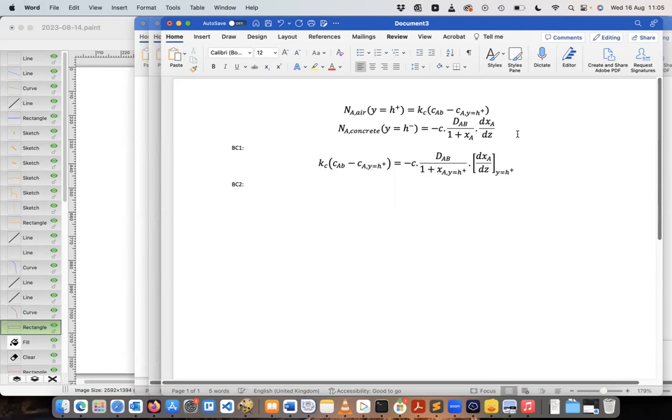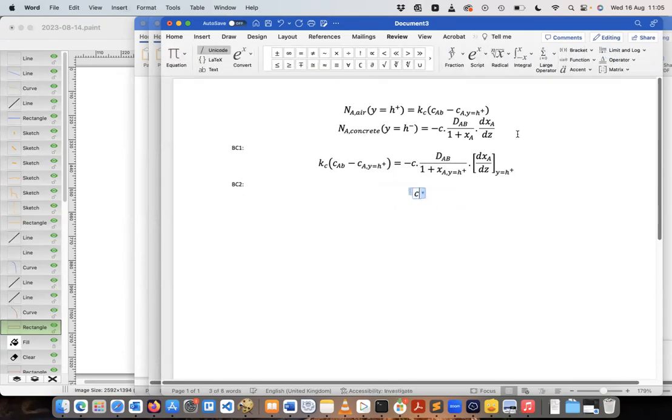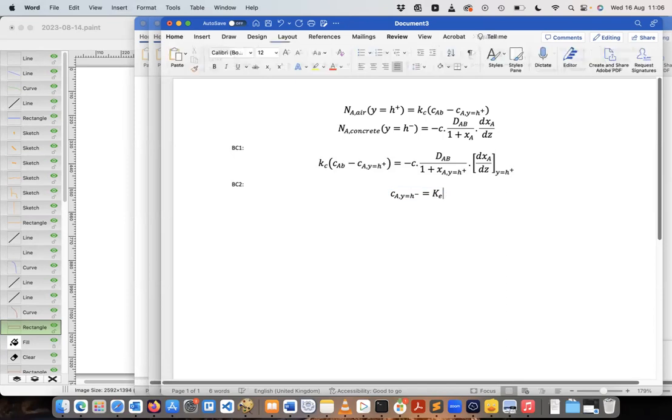So the concentration of water at the surface just inside the concrete, y equals h minus, is equal to the equilibrium value. So we've got an equilibrium constant, and we must multiply that by the concentration of water in the air, which is at y equals h plus.